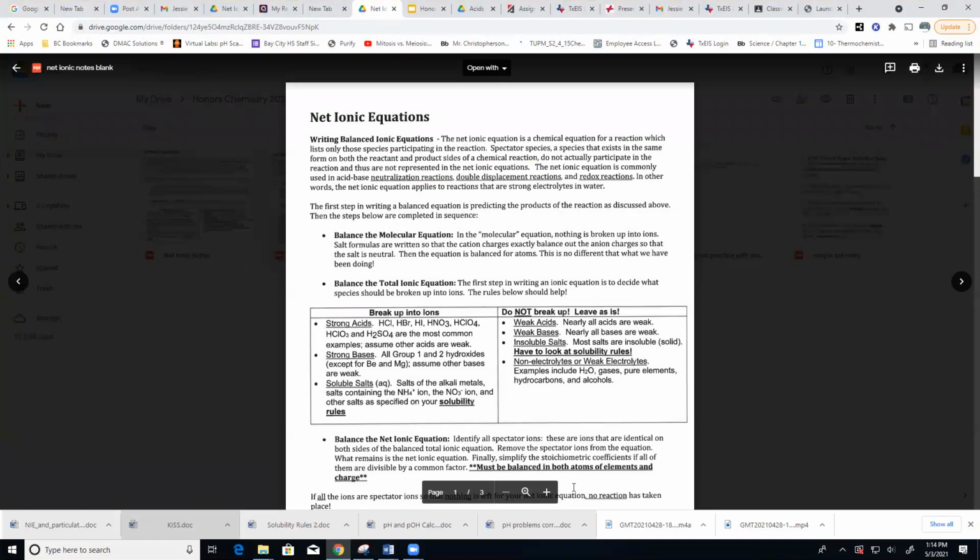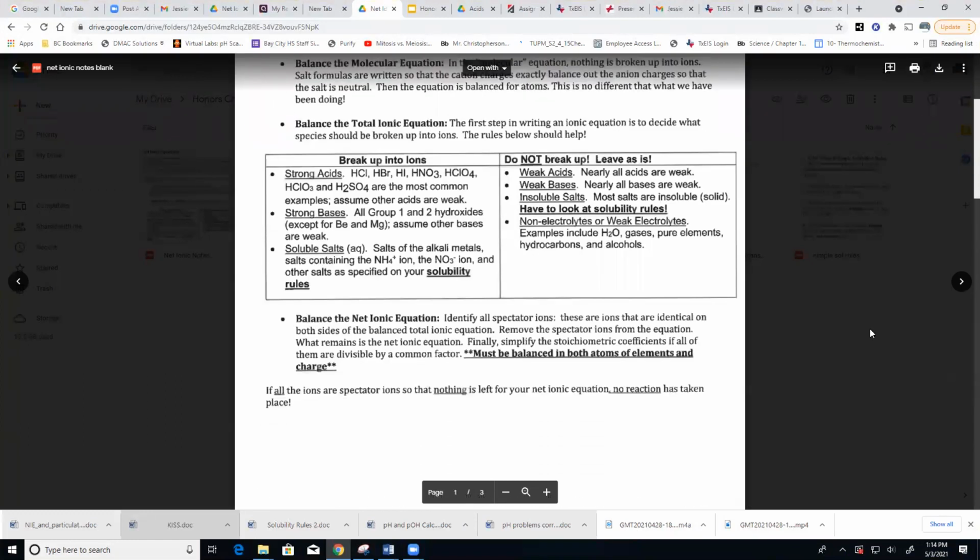All right, so things that will break up into ions are all of your strong acids. I've told you to memorize those, and once again, you'll need that whenever we're in this little portion. Your strong bases, so group 1 and 2 hydroxides, except for beryllium and magnesium.